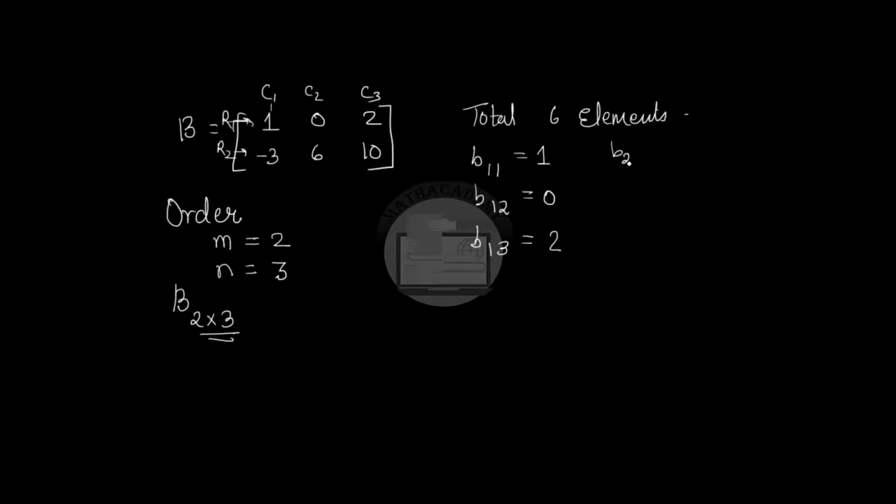Then the element in the second row and the first column, which is -3, second row, second column, which is 6, and the second row, third column, which is 10. Okay, so this is how we represent the elements of any given matrix. A matrix is represented by a capital letter, and the order of the matrix is the number of rows by the number of columns. I hope this much is clear to everyone.